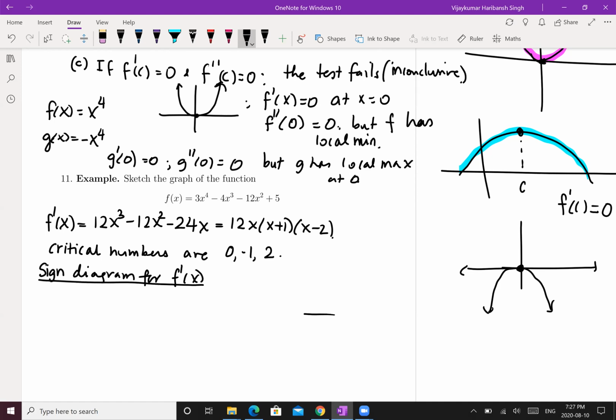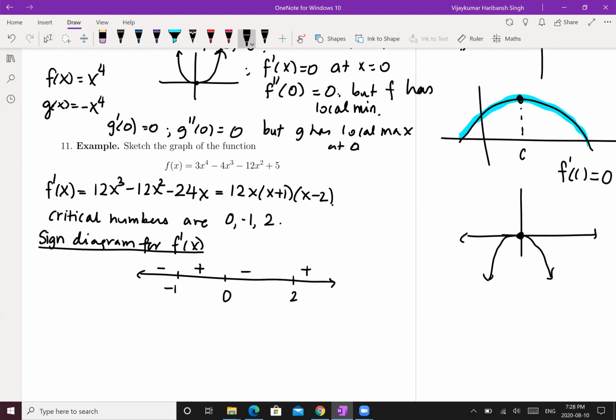Again, we have already done this computation, so I'm just going to write it down. We have minus 1, we got 0, and we got 2. We also had the signs minus, plus, minus, plus. So the function is decreasing, increasing, decreasing, increasing.